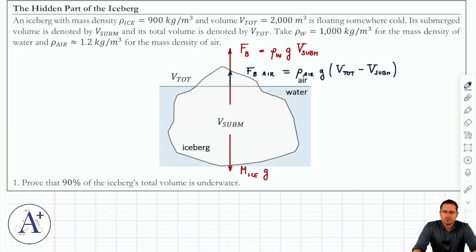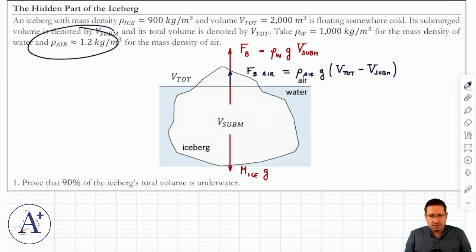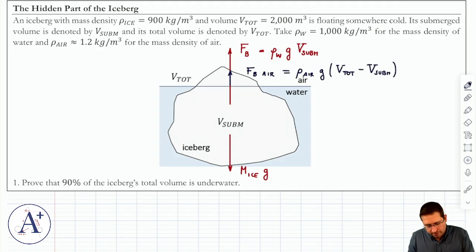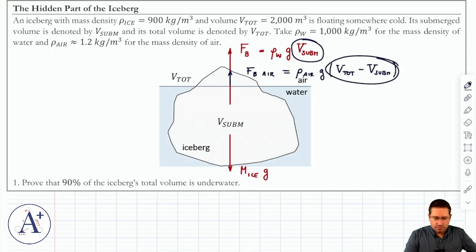Okay. Now, there absolutely is a buoyant force due to air. The thing is, it's absolutely useless, right? It's useless because the mass density of air is pretty much 1,000 times smaller than the mass density of water. Not only that, but if this is really 90% of the total volume, this is 10%.